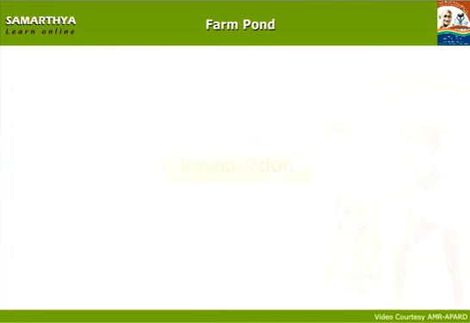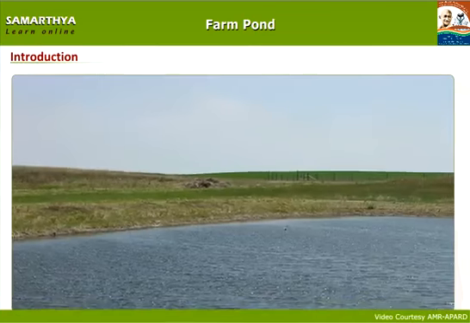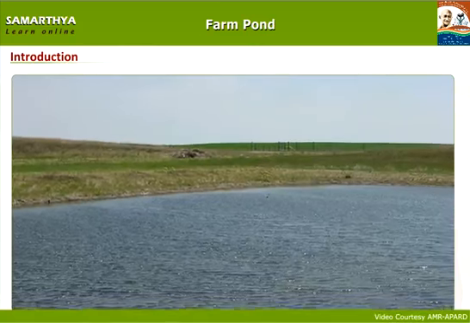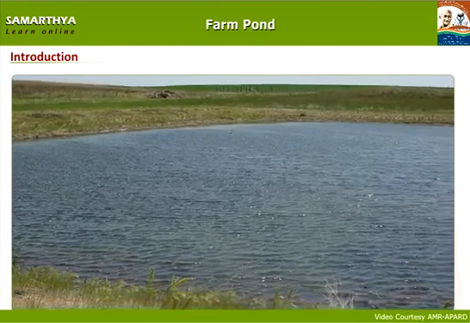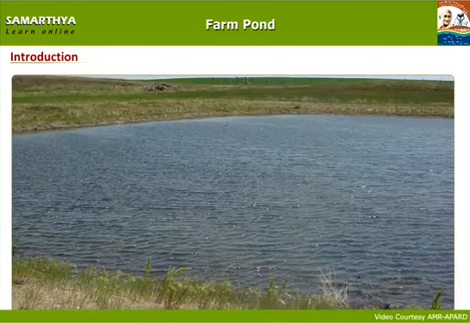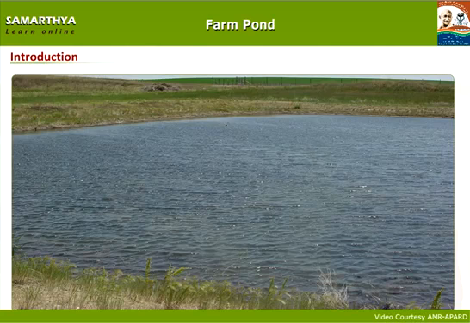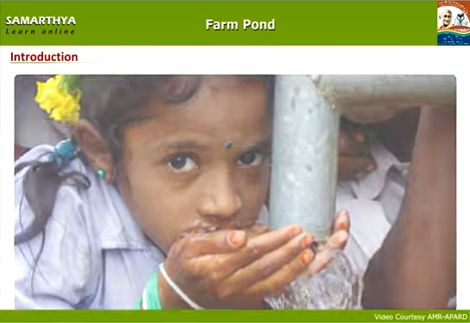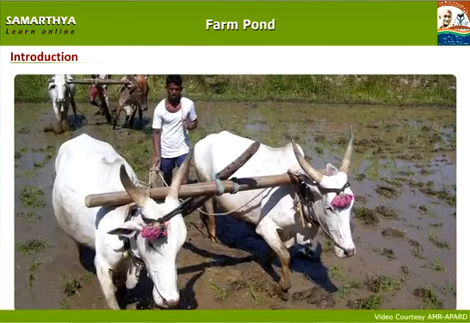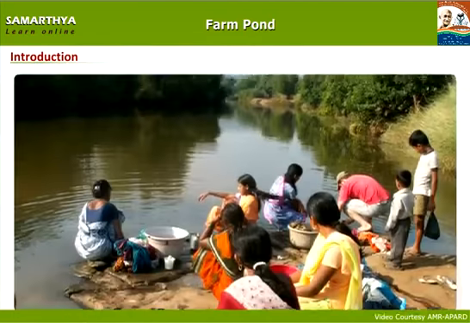Introduction. Water is very important in our primary activities. This water is used for drinking, agriculture, and many other activities.